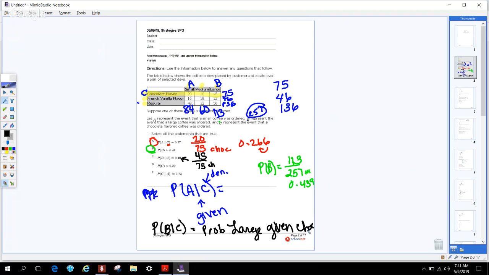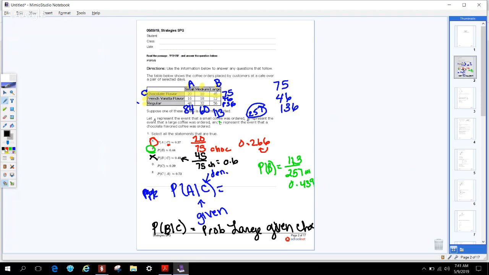So we read it literally anytime you see the straight line, it's given. So what's the probability of getting a large given chocolate? That's why chocolate's our denominator. Now, when I do 45 divided by 75, I got 0.6. 0.6 and 0.4 are not the same number, so choice C is not correct.